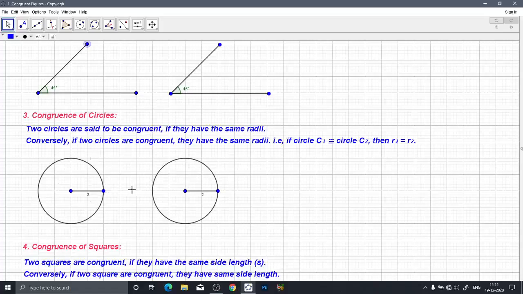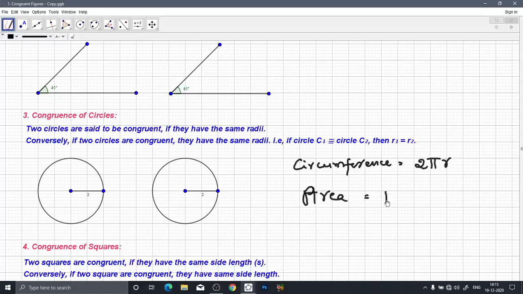Both the radii of the circles should be the same, because if I observe the formulas of circles, the perimeter or circumference of a circle formula is 2 into pi into r, and the area of the circle is pi into r square.